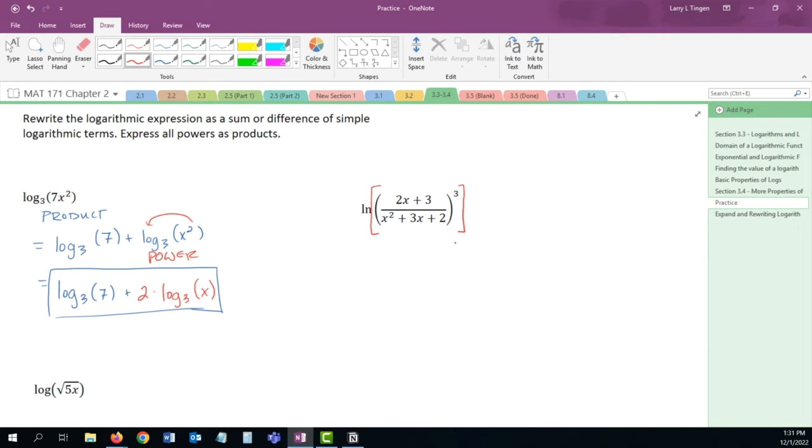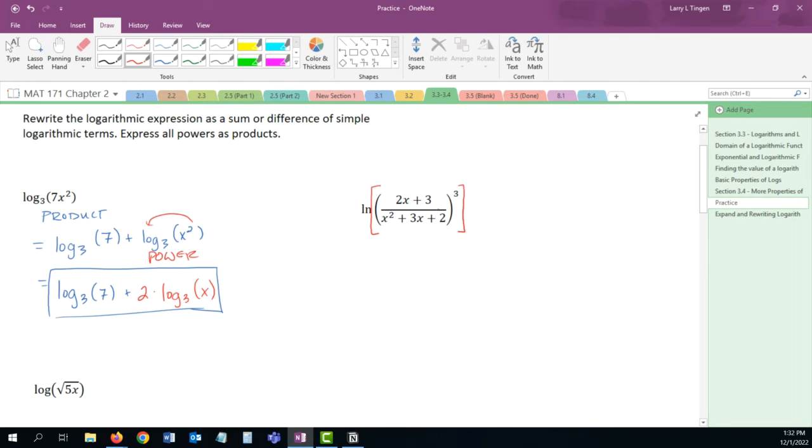So I do have the natural log of something raised to a power, right? So you can see a couple of things going on in there. You can obviously see division, so the quotient rule comes into play, and you can see the power rule. Which one of those am I going to have to deal with first?